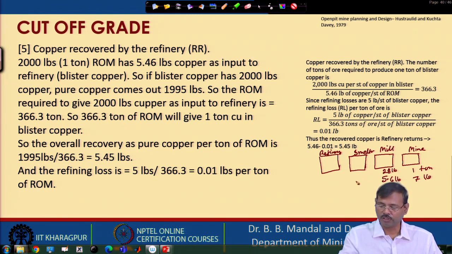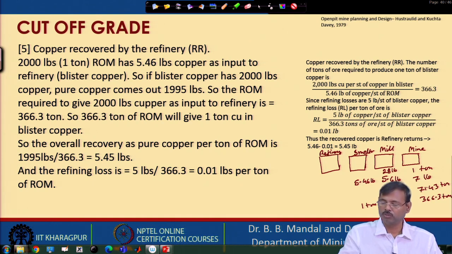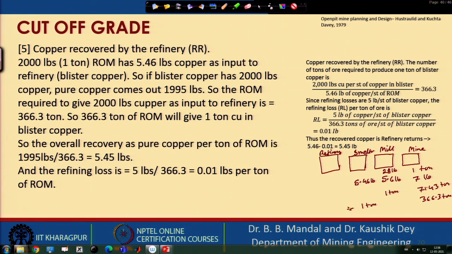Here it is further reduced to 5.46 pound, and we are now calculating this one, and we have found that for getting 1 ton of concentrate we have to provide 71.43 tons, and to get 1 ton of blister copper we have to provide 363.3 tons of ROM here, and from there I will get 1995 pounds because of the 5 pound loss.